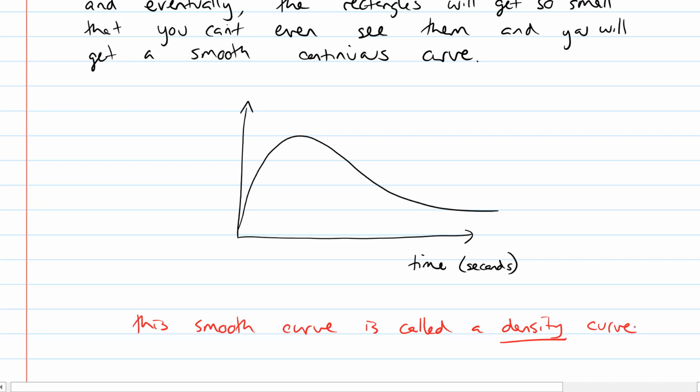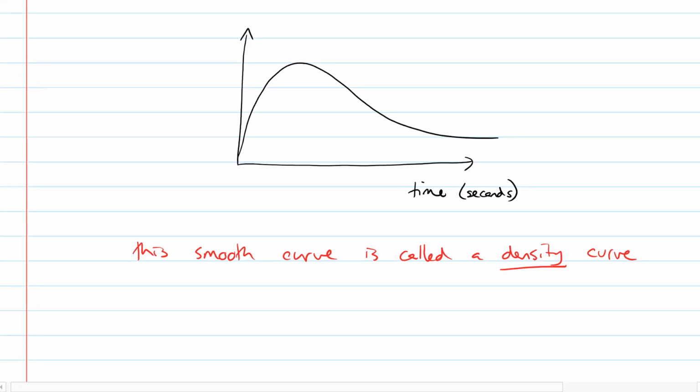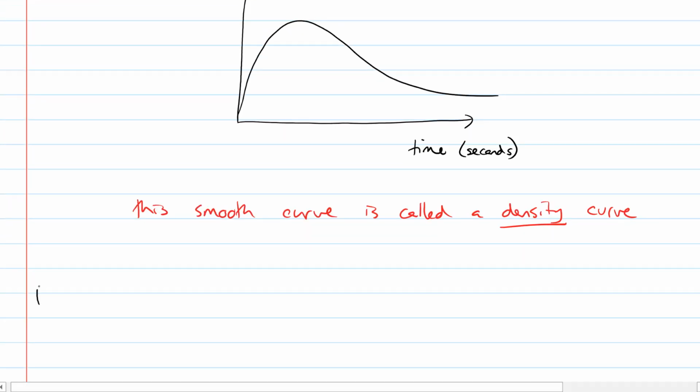Now, the thing about it is that it's a nice smooth curve, so it has an infinite number of points on it, so you can't just add up all the probabilities for each of those areas. So we're going to do a different thing, and we're going to look at some properties of density curves.